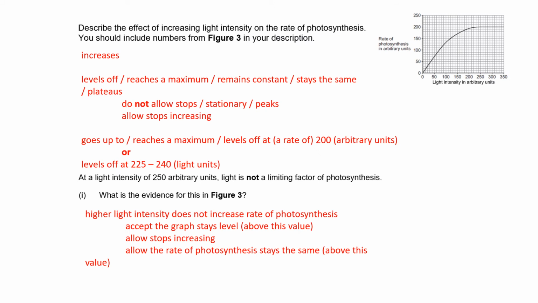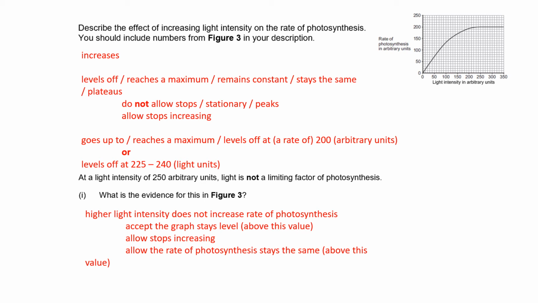Describe the effect of increasing light intensity on the rate of photosynthesis. You should include numbers from figure 3 in your description. So you look at figure 3 on the right side. You should say that as the light intensity increases, the rate of photosynthesis increases until a certain point.